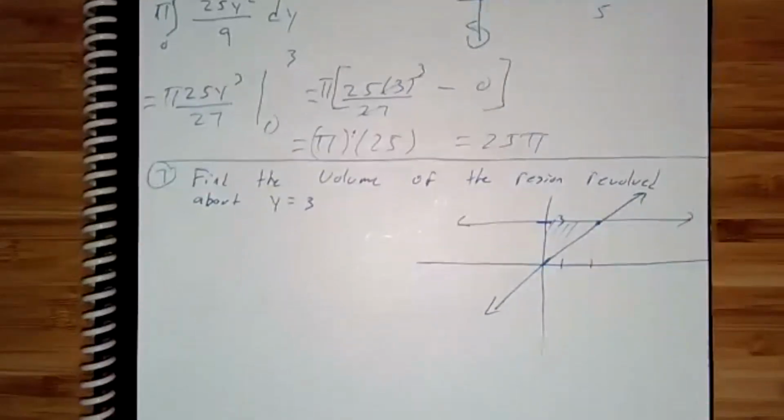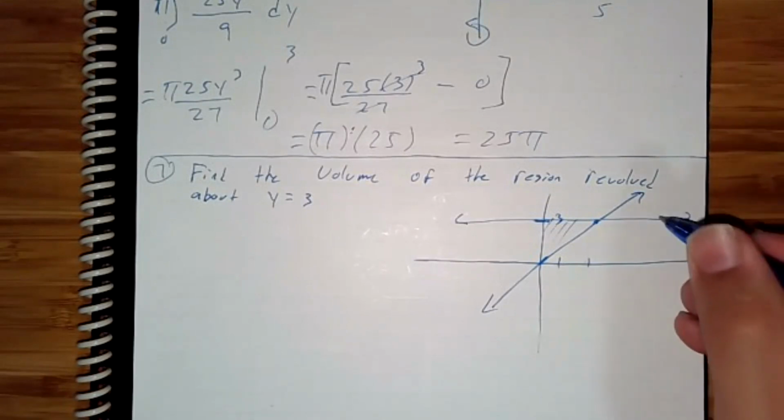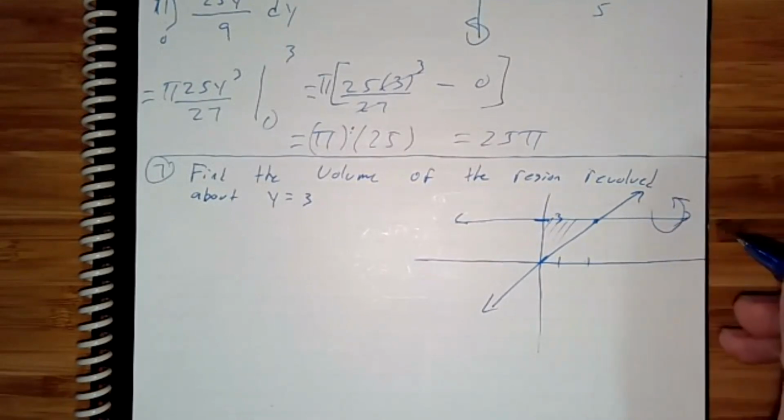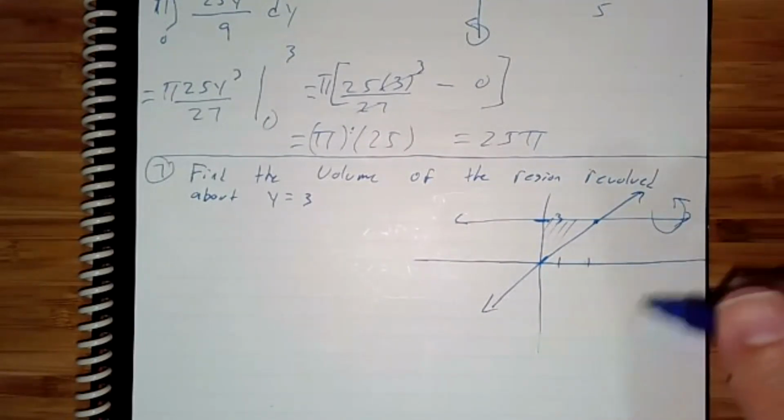Okay. So we are revolving about y equals 3. So we're going around here. So that's not too bad. And since it's the way it's shaped, it doesn't matter which way you slice it.